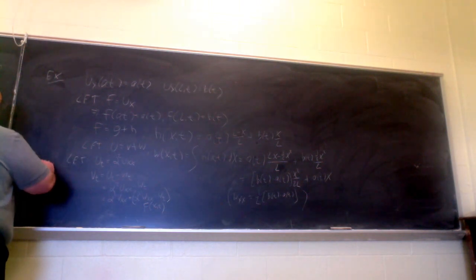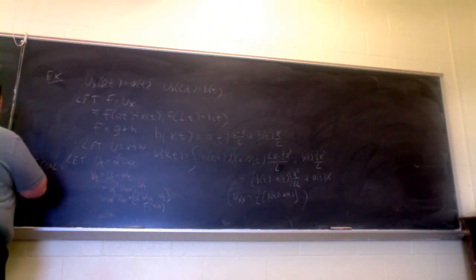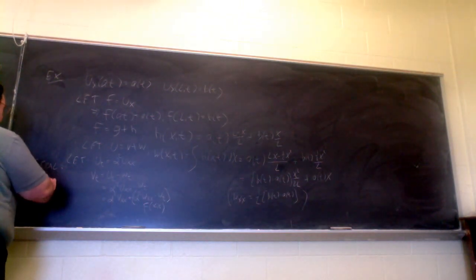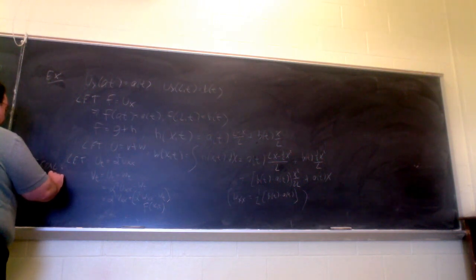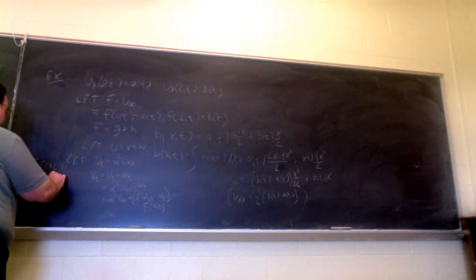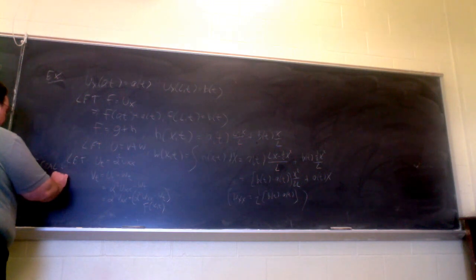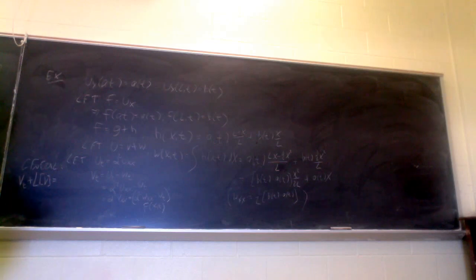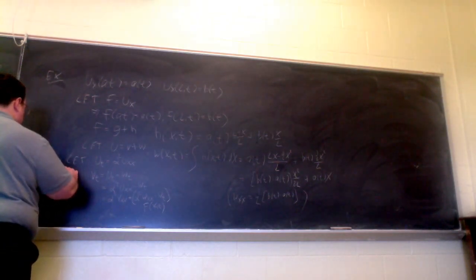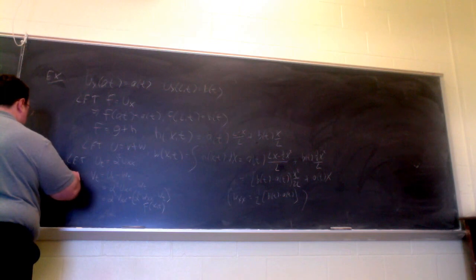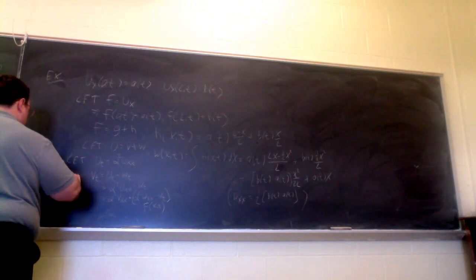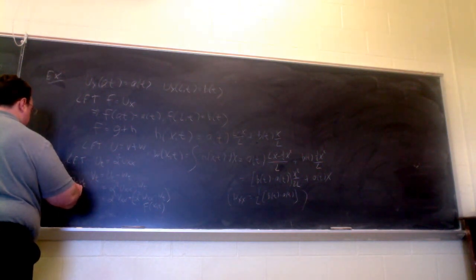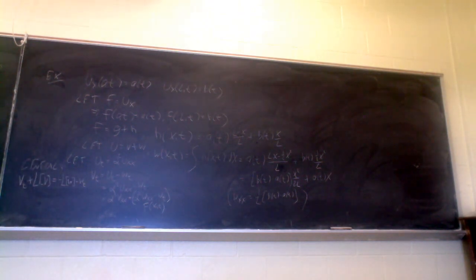So in general, we have v_t plus the Sturm-Liouville operator L of v equal to minus L of w minus w_t.